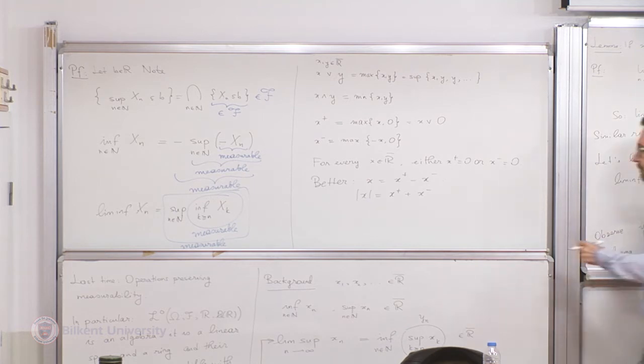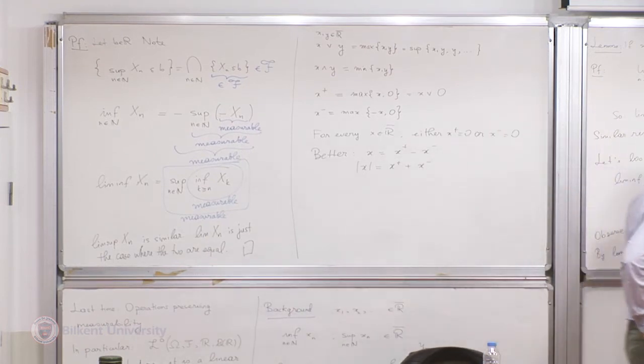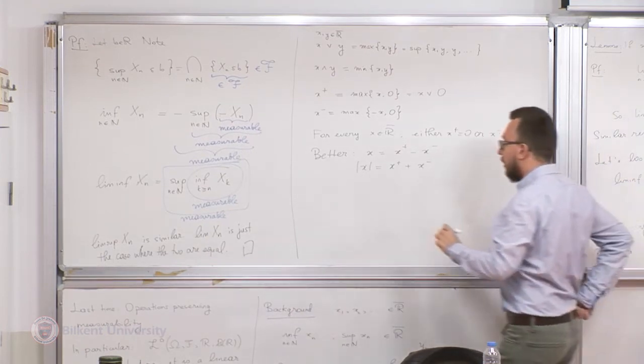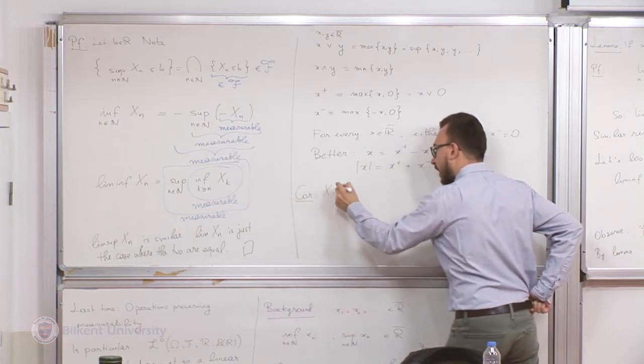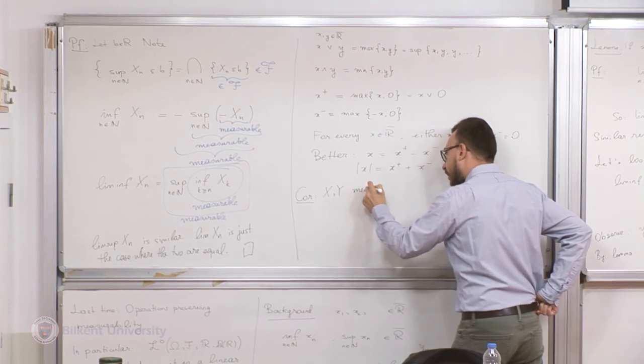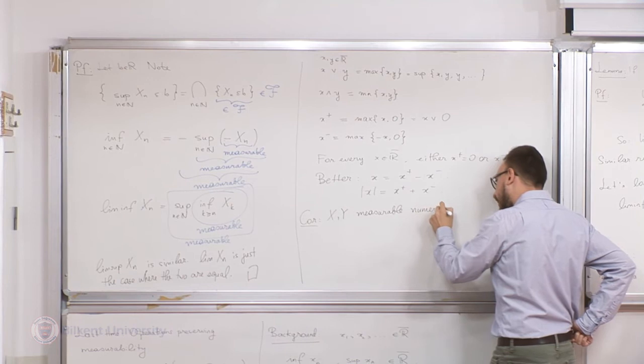Therefore, we can apply these principles to random variables. Let me write it as a corollary to this proposition. Let x, y be measurable numerical random variables.